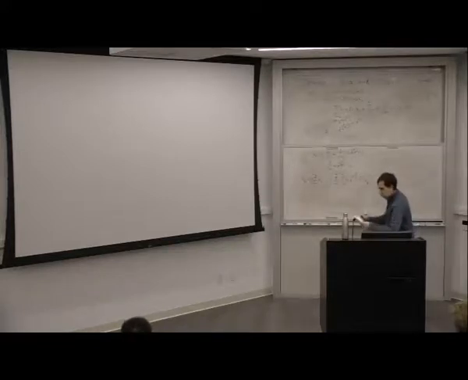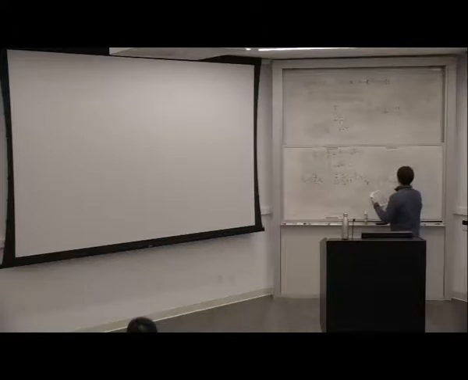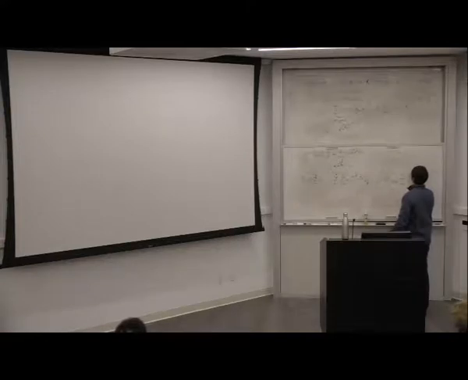Let me just make sure that I'm doing this right. This is going to be 1 to n, and then t is going to be from i to n, the product of 1 minus a, summation alpha j from i plus 1 to t.